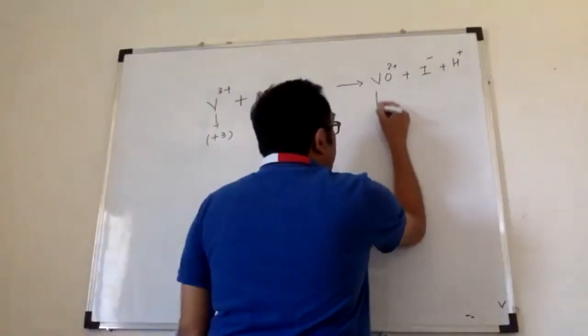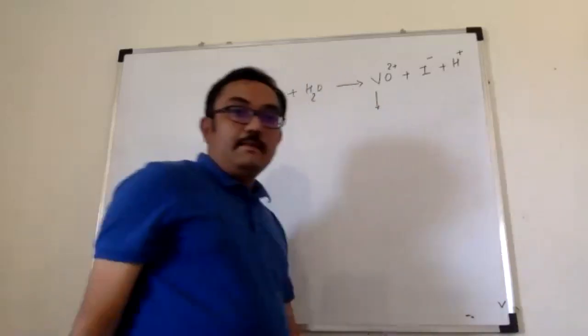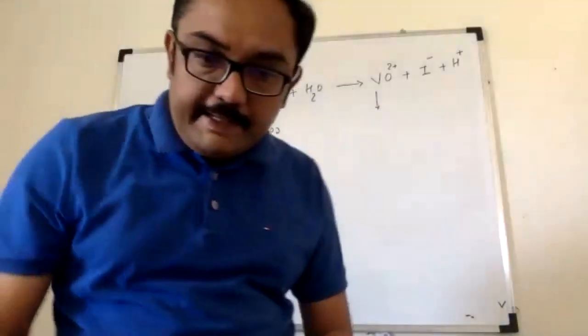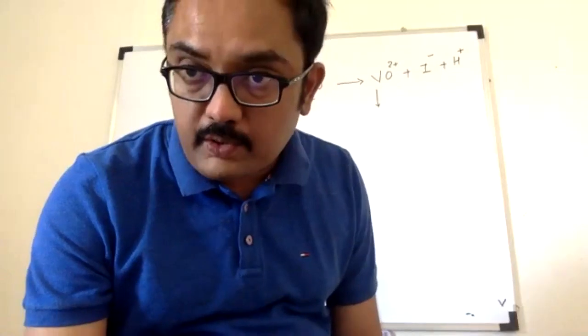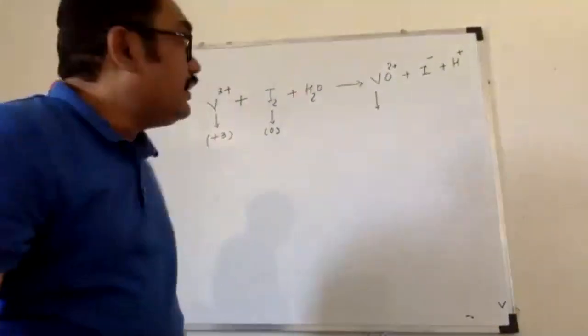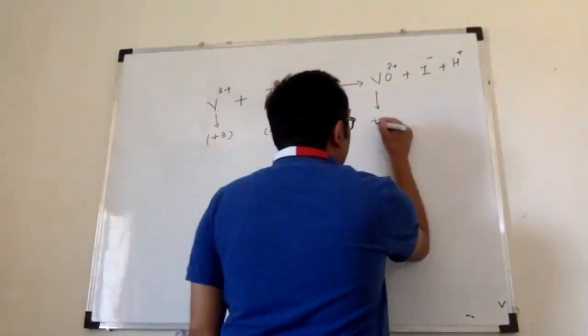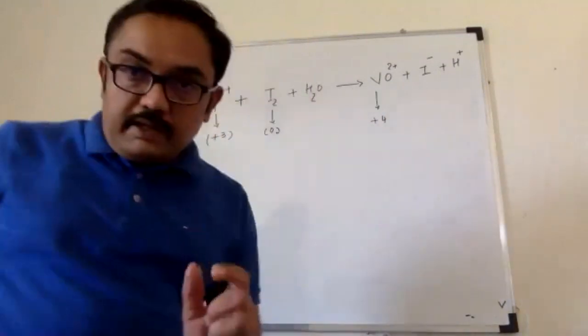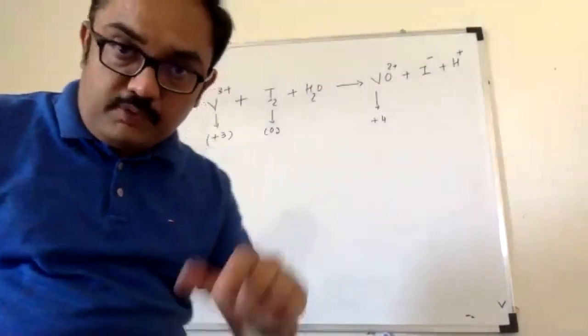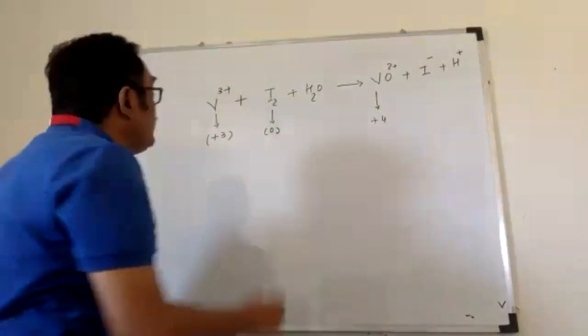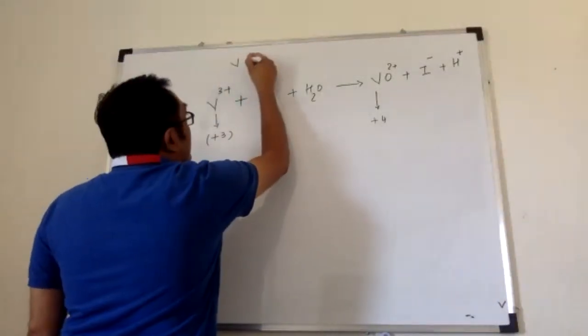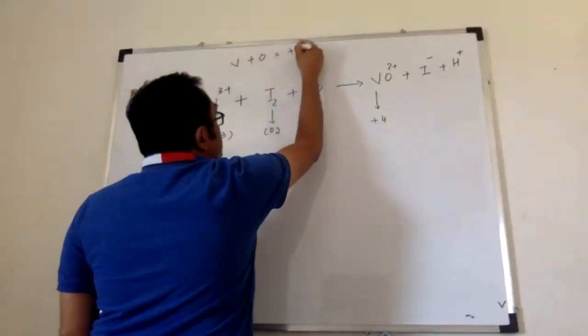Now, what is the vanadium here? Plus 4. You can calculate it by taking oxygen as minus 2. Those who are confused how the vanadium has come to plus 4, I'm writing on the board. Vanadium plus oxygen is equal to plus 2.